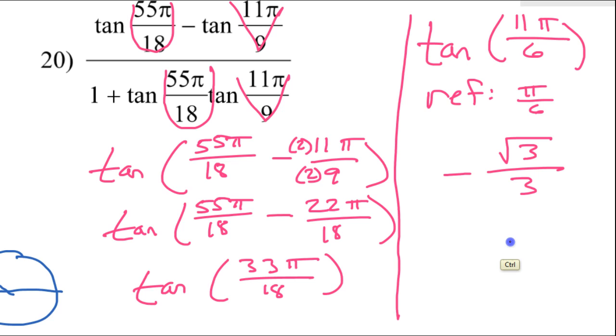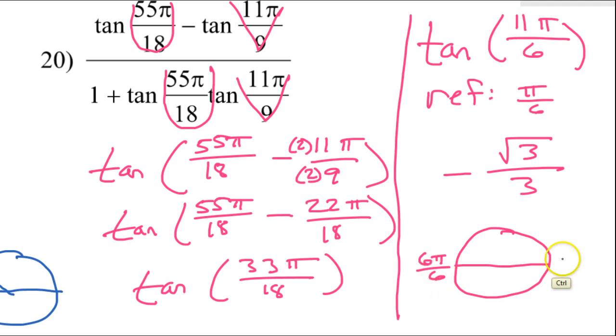The way I know which one it is is by looking at what quadrant we're in. We're talking about a reference angle of pi over 6. On the left, this would be 6 pi over 6, and if I went all the way back around, that would be 12 pi over 6.